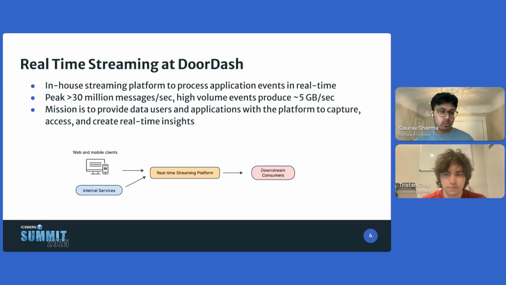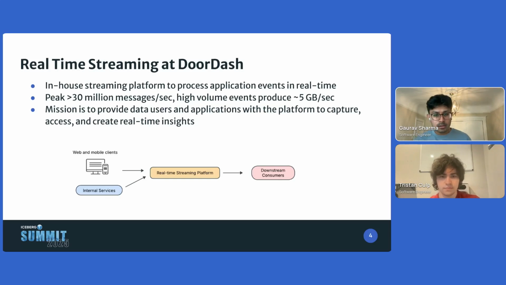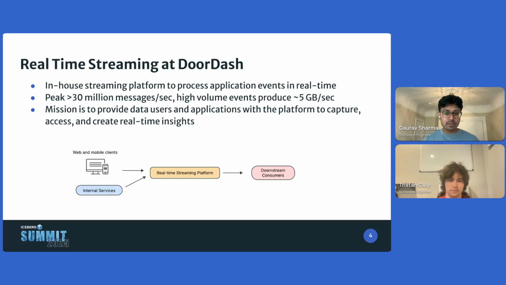So yeah, what is the real-time streaming platform? It's basically an in-house built platform mainly used to process application events in real time. These application events are telemetry events that are coming from either DoorDash web and mobile clients. This could mean customers, dashers, merchants, and so on. Or it could even be from internal services within the DoorDash engineering ecosystem.